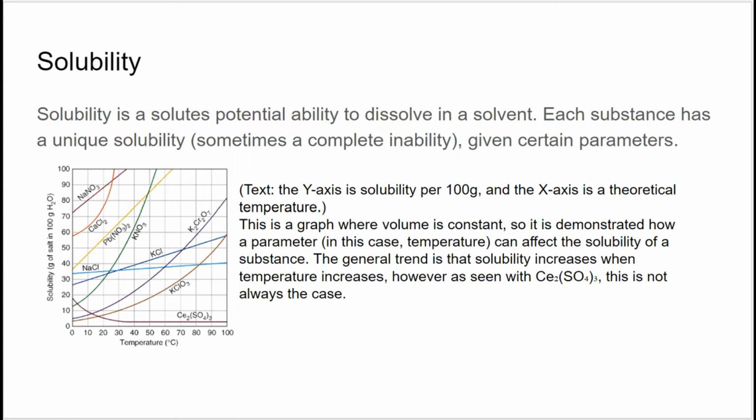This is a graph where the volume is constant. It demonstrates how a parameter, in this case the temperature, can affect the solubility of a substance. The general trend is that the solubility increases when the temperature increases. We have exceptions like cerium sulfate, which doesn't follow this trend.